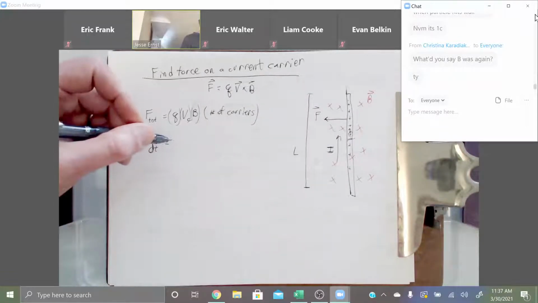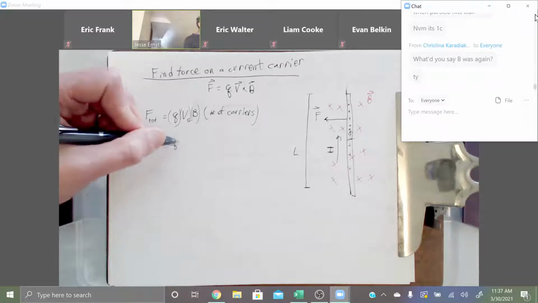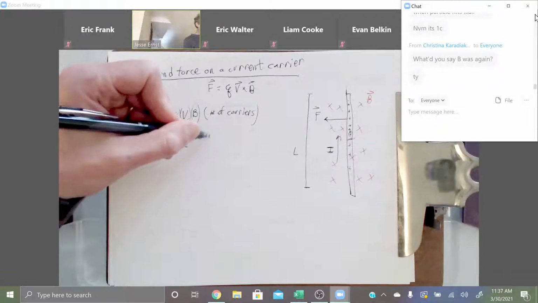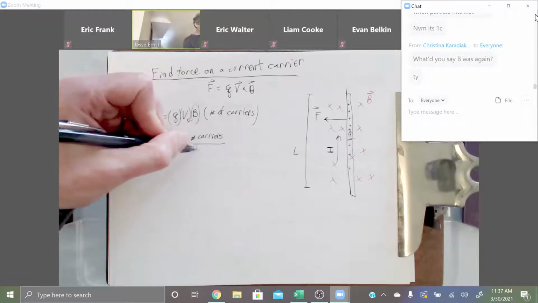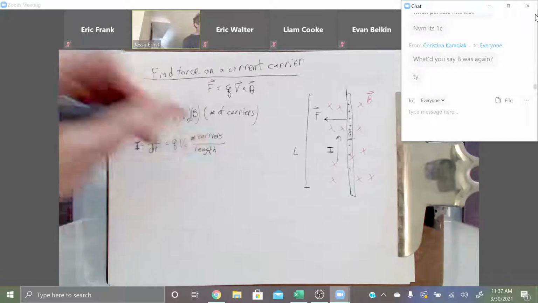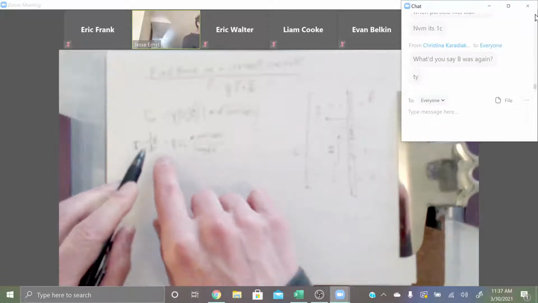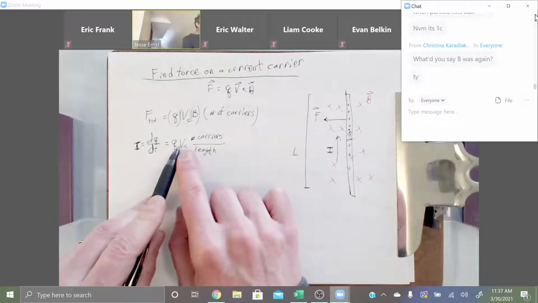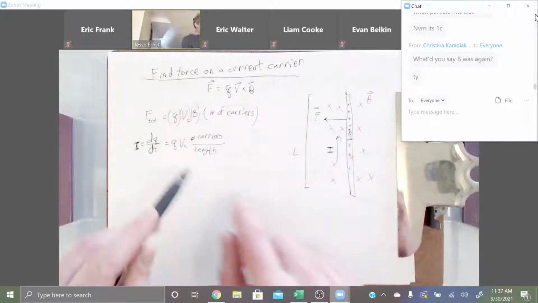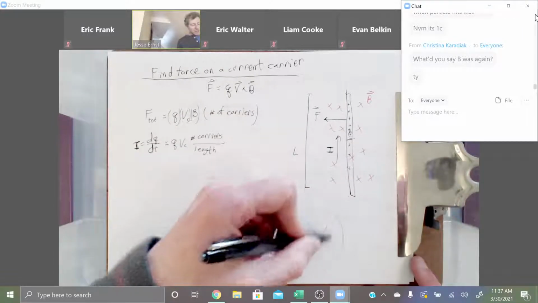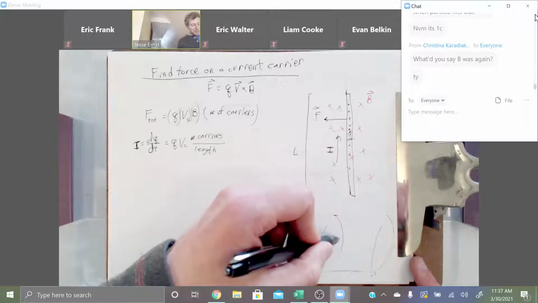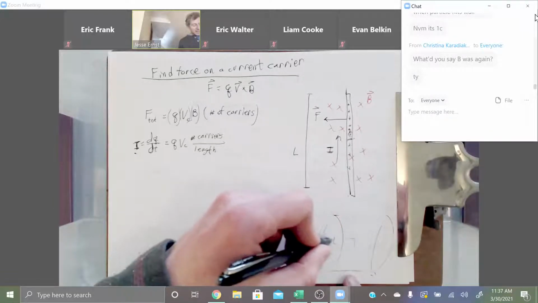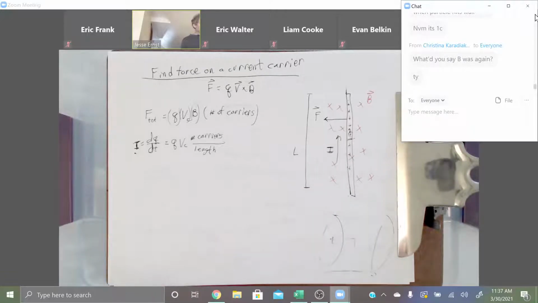But that's going to be equal to Q times the velocity of the carriers times number of carriers per length. Right, the rate of change of Q across some boundary is Q times their speed times how densely packed they are. And we first did that with this water pipe analogy, and related the current in a pipe to how fast the water is moving.